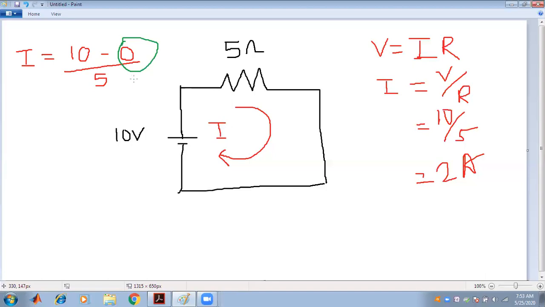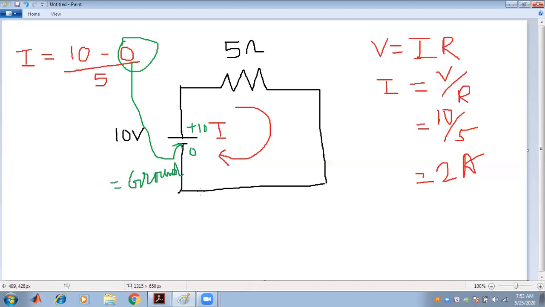The potential of which part is 0 voltage? Just come to that point. This point has a potential of 0 voltage. So this is 0, this is plus 10, and the potential difference is 10 minus 0. This zero potential is called the ground.